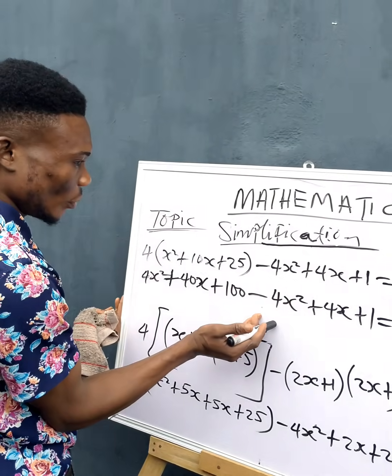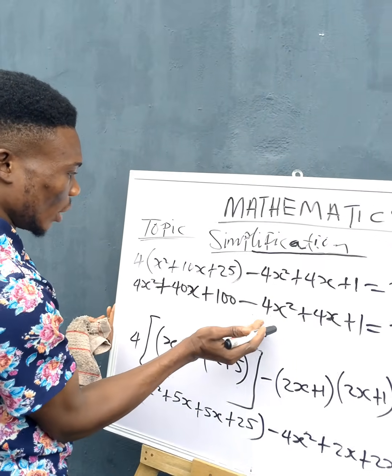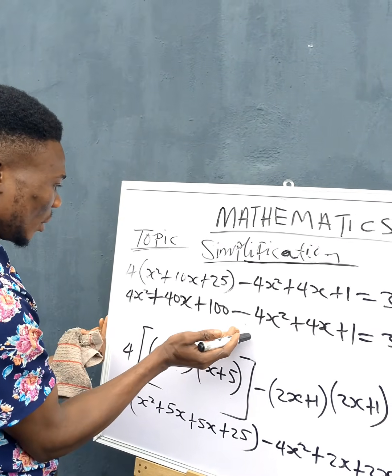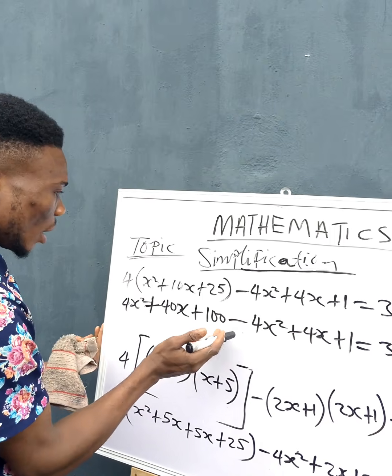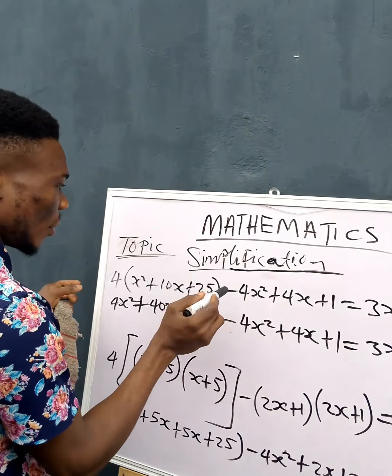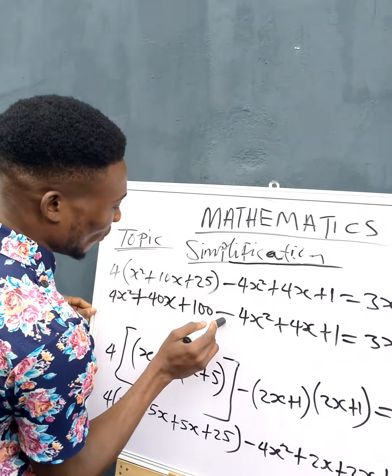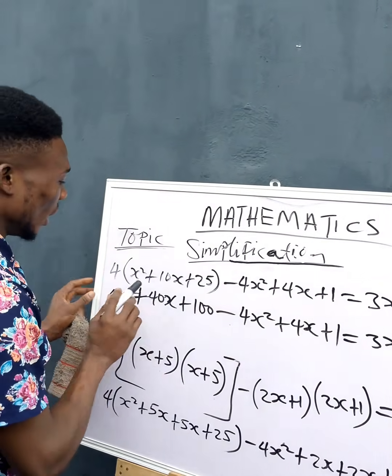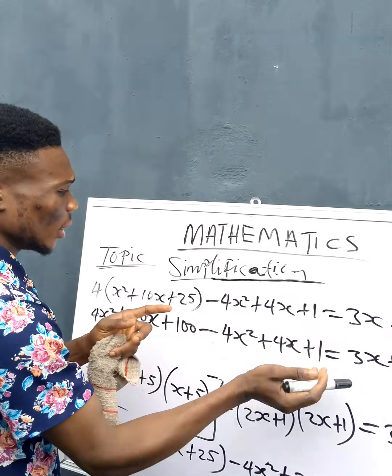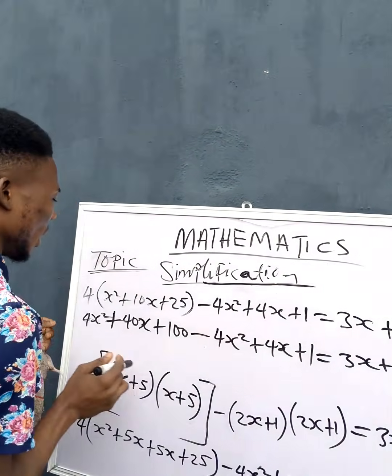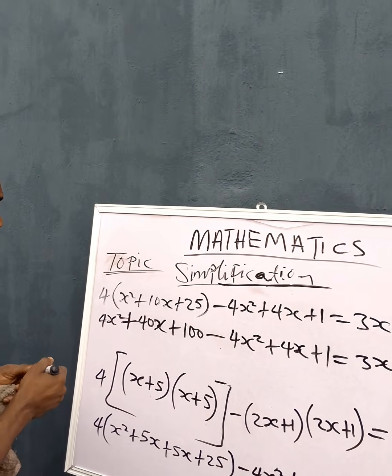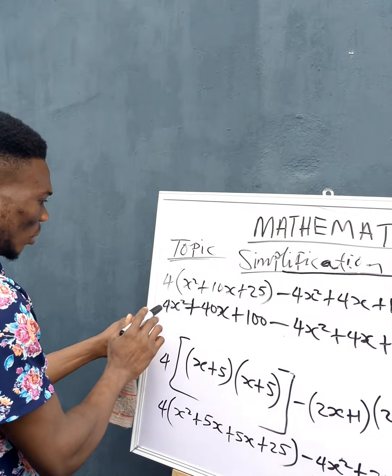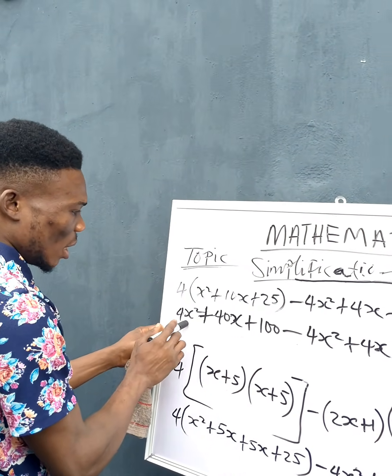Collect your like terms from here. How do you collect like terms? Because you have your negative sign here. Remember, you have your negative sign. The negative sign will come here. Everything here will minus everything here. Then before we equate to this side, minus this is here.